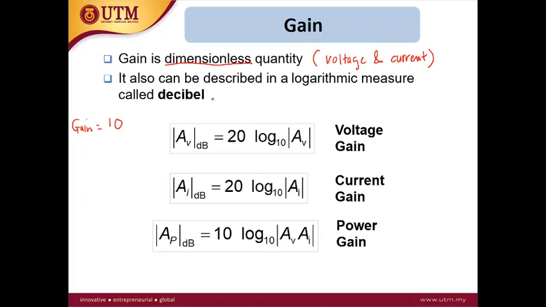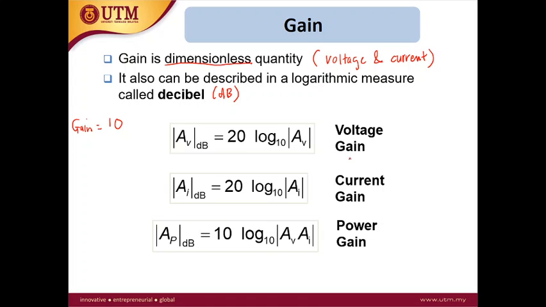But we can use a unit called decibel or dB. This is the unit usually used to describe the power or the magnitude of a signal. How we can convert the gain to dB or decibel is by using this equation.